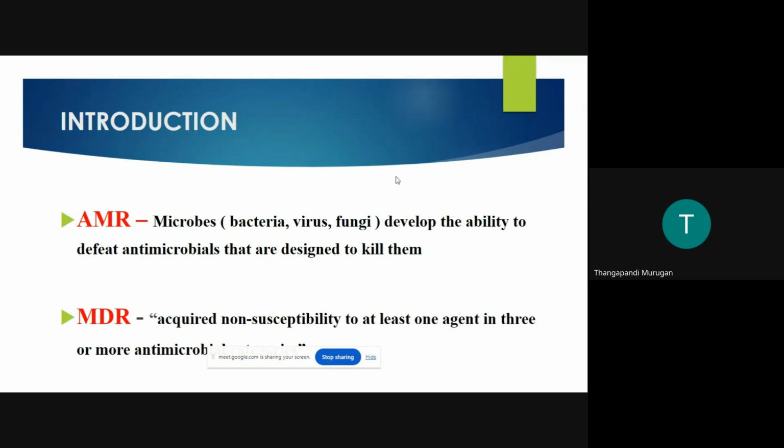For example, methicillin-resistant Staphylococcus aureus and vancomycin-resistant enterococcus are mainly resistant to that particular antimicrobial agent, but other antimicrobial agents may also be resistant at the same time. But in extensive drug resistant cases, it is not so: a minimum of 3 or more classes have been resistant in the particular case.